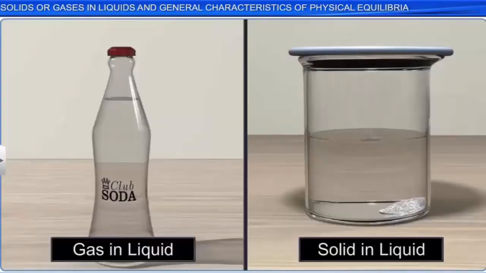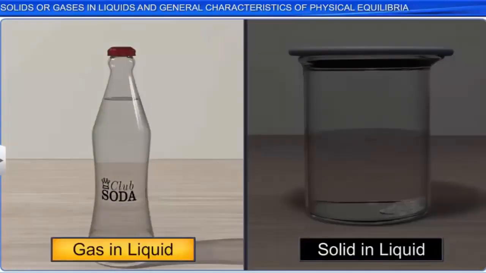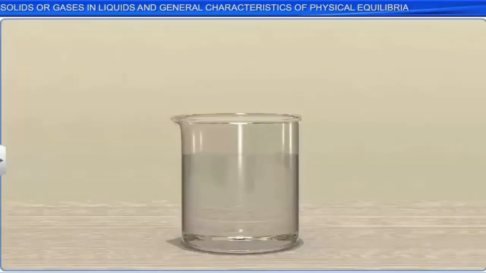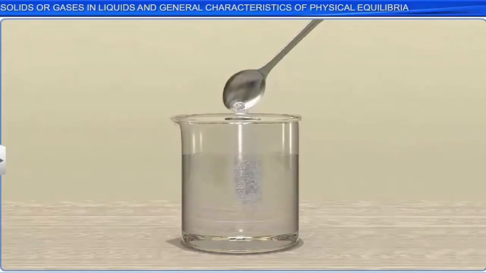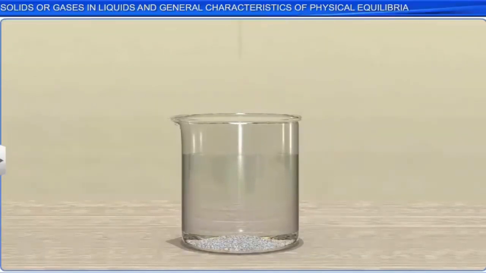There are two types of dissolution: gas in liquids and solid in liquids. Sugar in water is a classic example of solid in liquid equilibrium. First, sugar is added to a glass of water and stirred. It dissolves, forming a sugar solution.